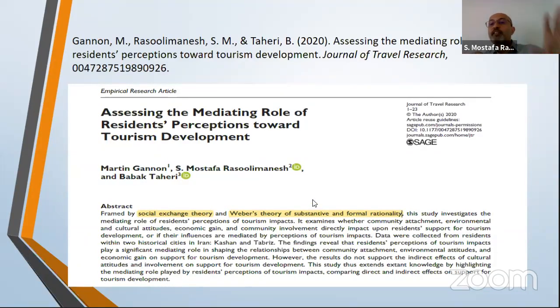But for the effect of antecedent on support and mediator on support, we use social exchange theory. So we combine these two theories to hypothesize mediator. So this is a very, very critical and important part for mediation hypothesis.